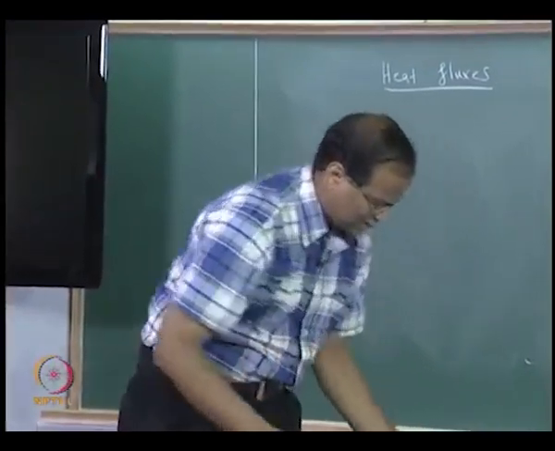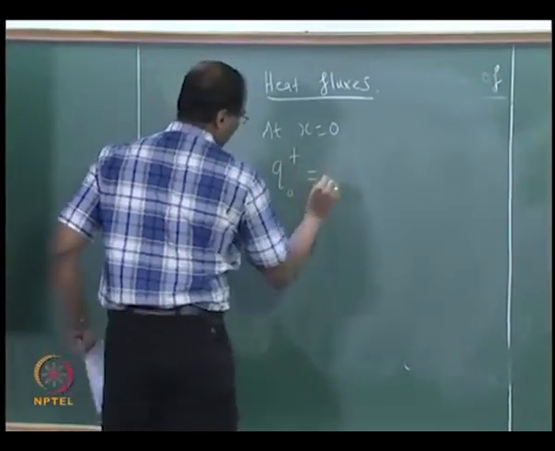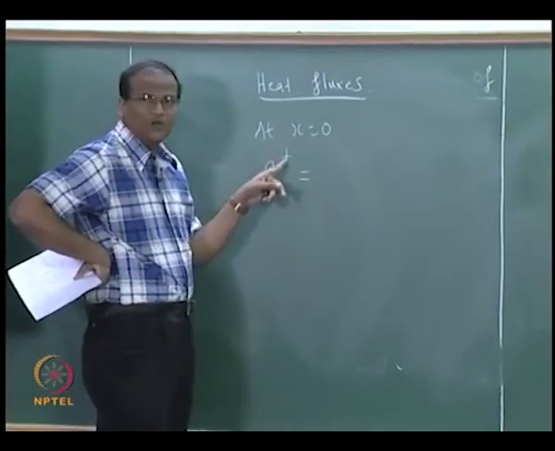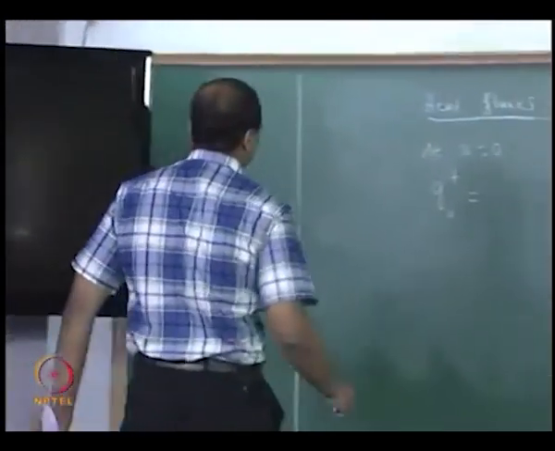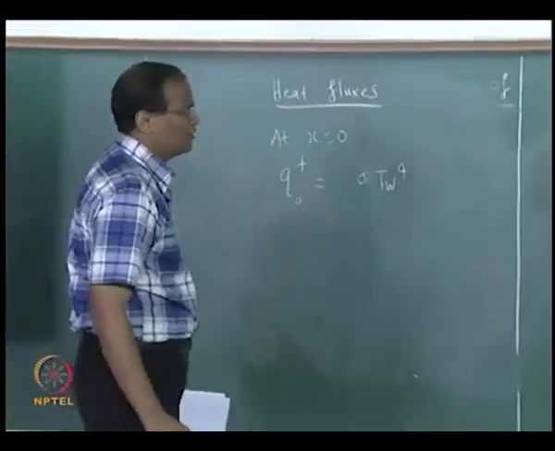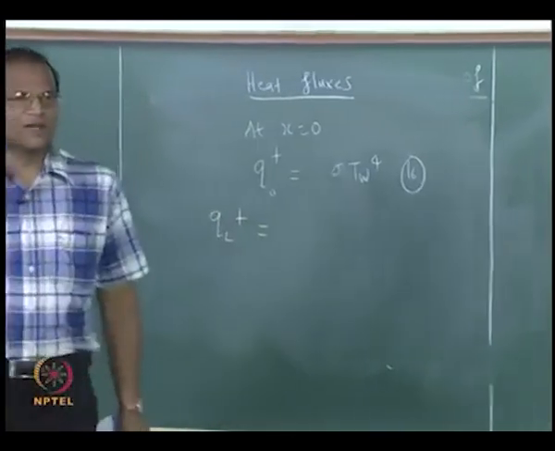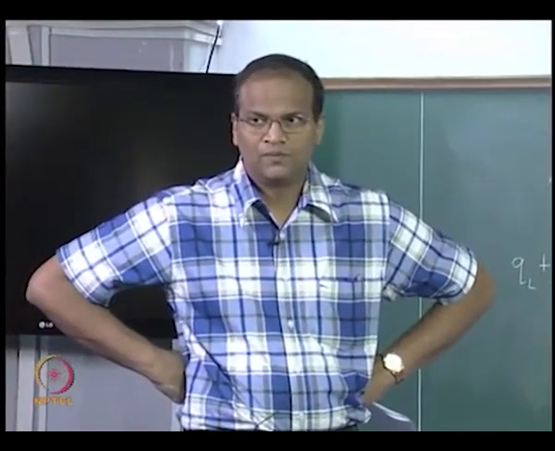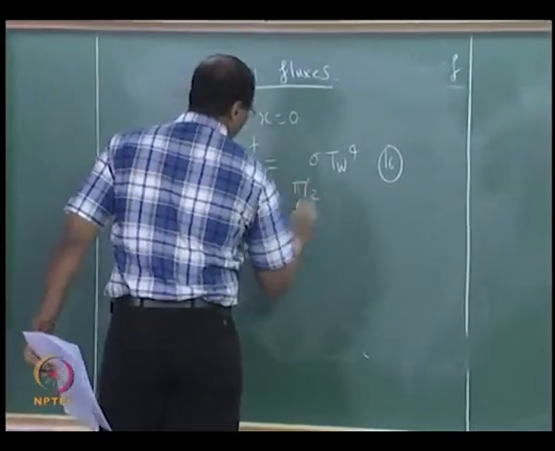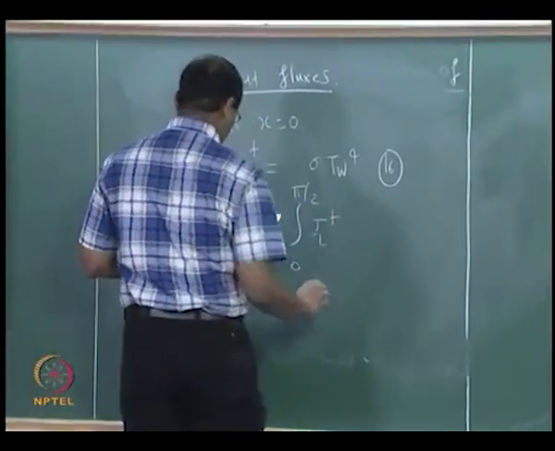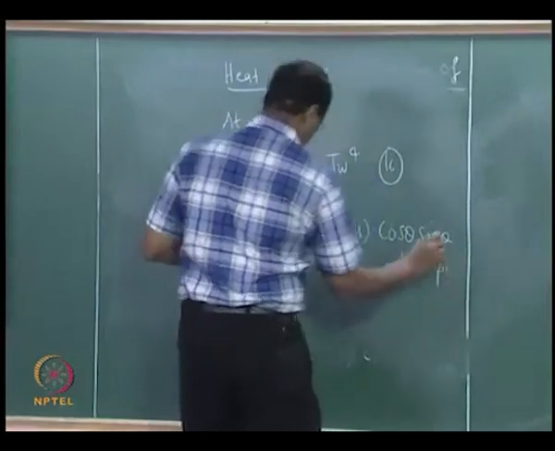Now if you have to write the heat flux at x equal to 0, which is going in the positive direction of x, it is given by sigma Tw to the power of 4, no problem. QL plus will be IL plus, correct.